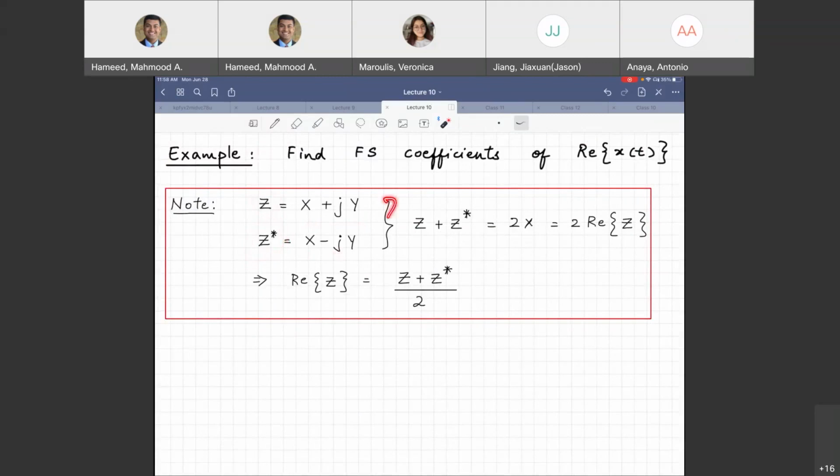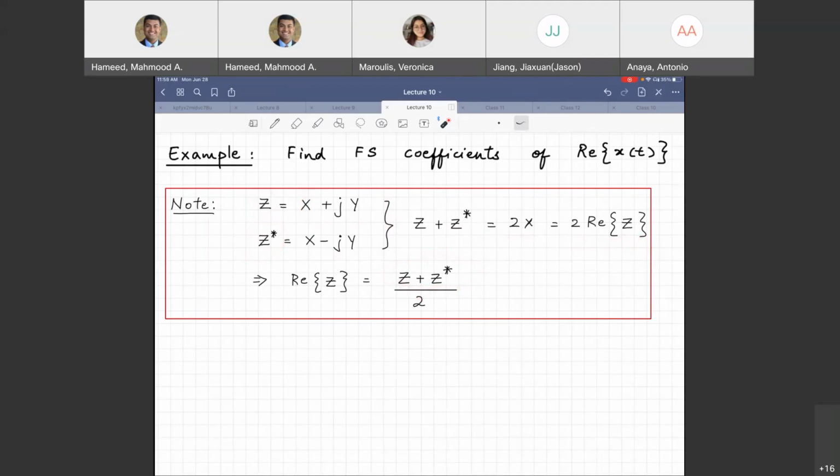If you add these two up, z plus z conjugate, you get 2x, which is 2 times the real part of z. So if you want the real part of z, you take z plus z conjugate divided by 2.